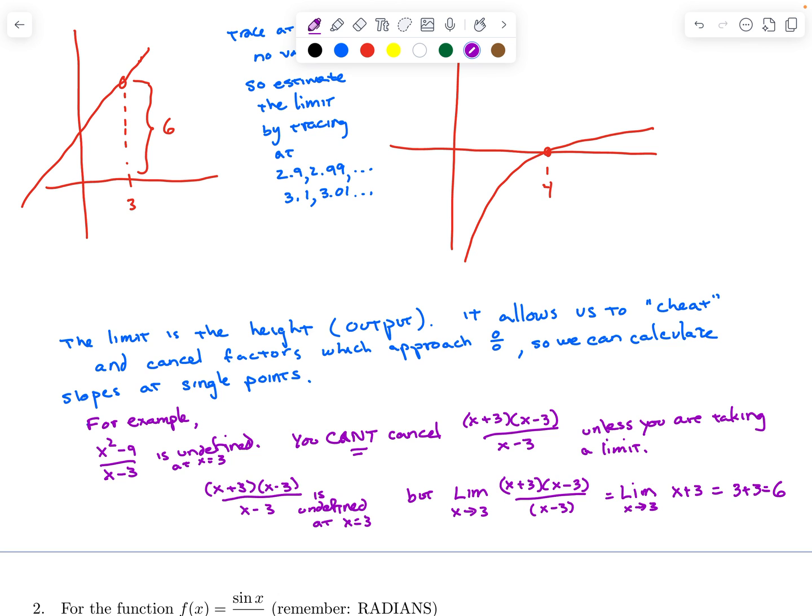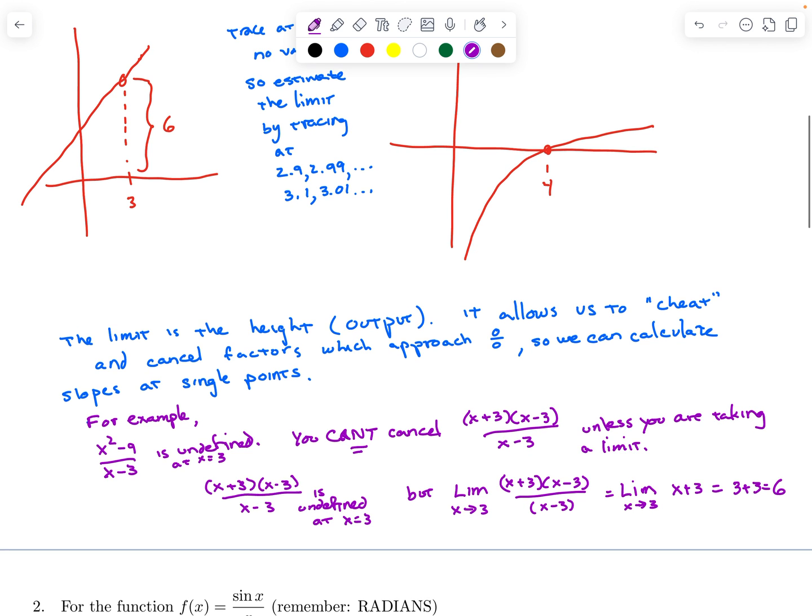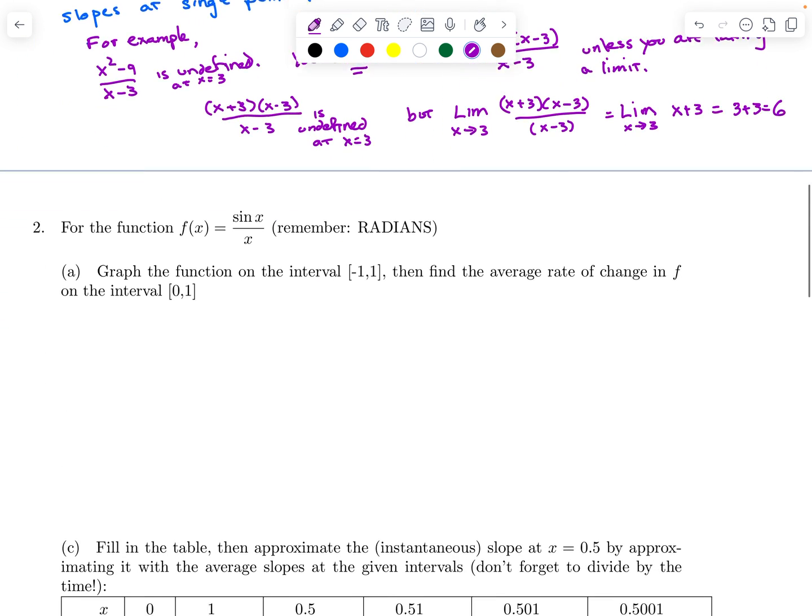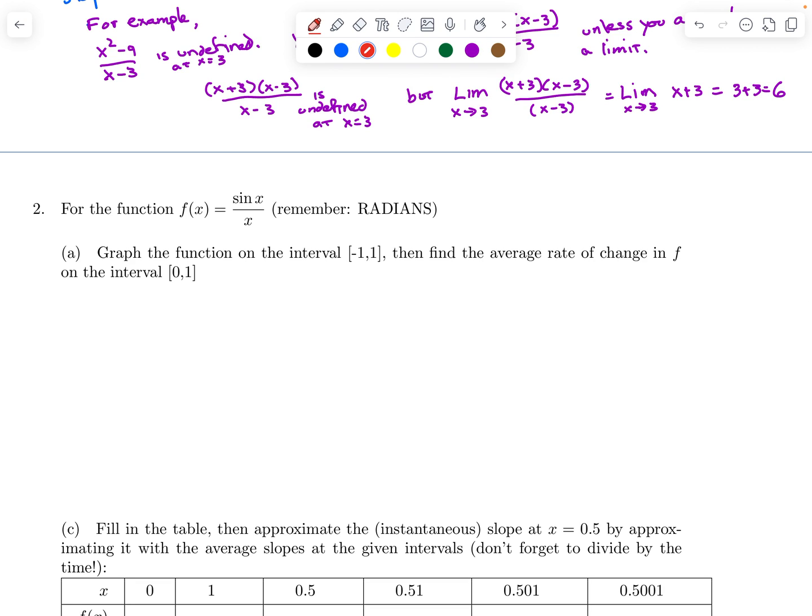And that's why this sort of stuff works. We're going to spend a little bit more time on doing it algebraically, but right now I want to practice graphical versions. So if I graph sine x over x, don't forget you're in radians.